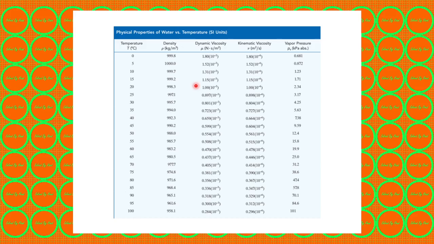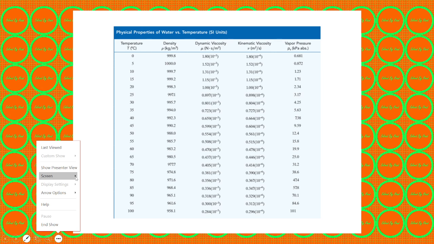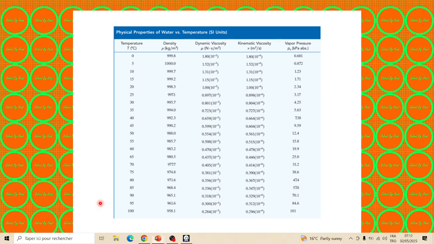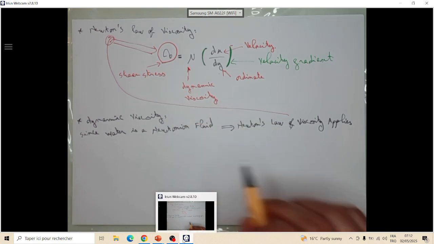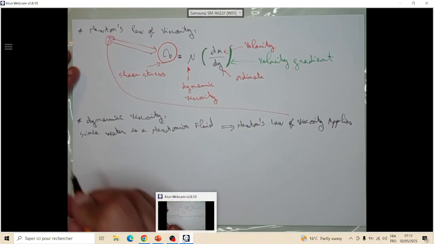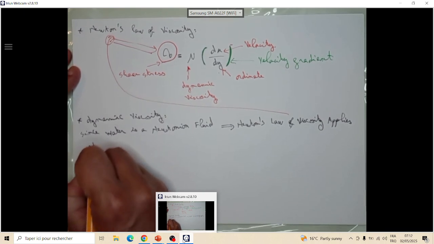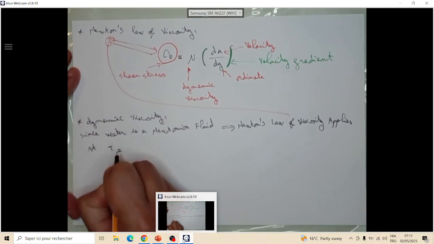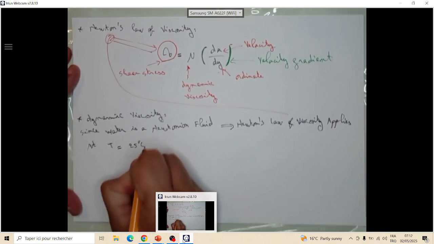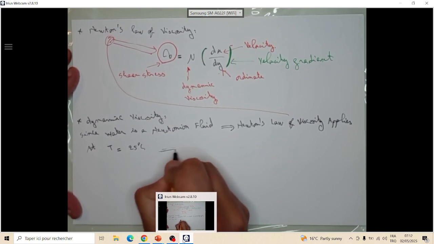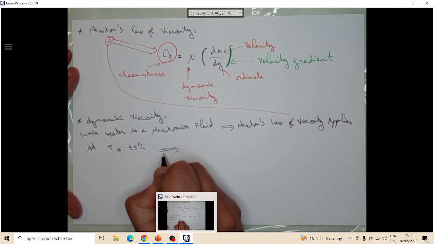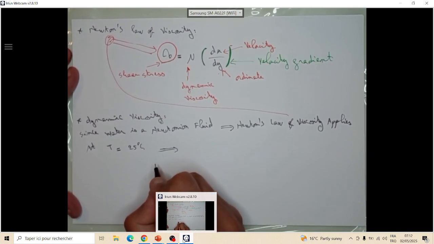Let's go back to our paper and write. At T, the temperature, equal to 25 degrees Celsius, from the table that we have seen we can extract a value for the dynamic viscosity.